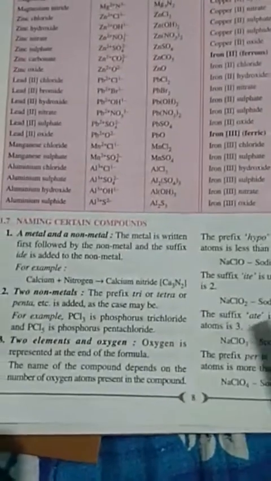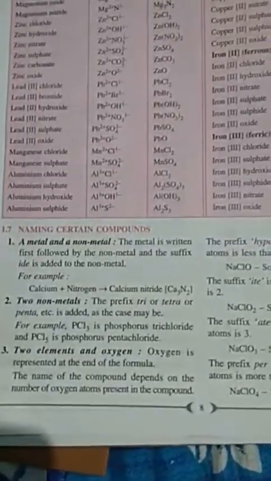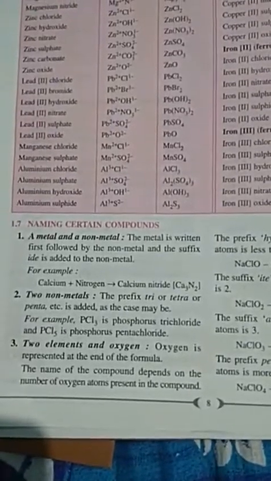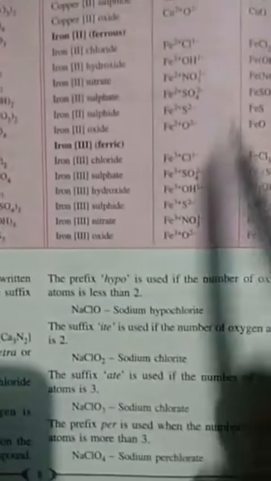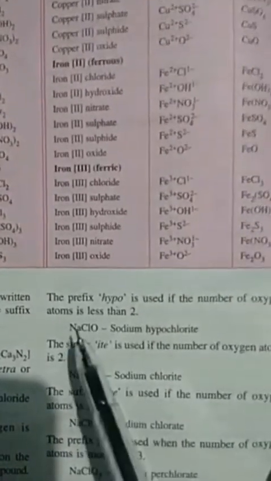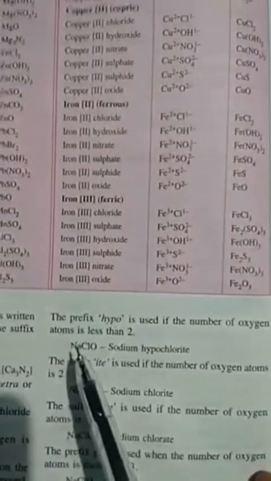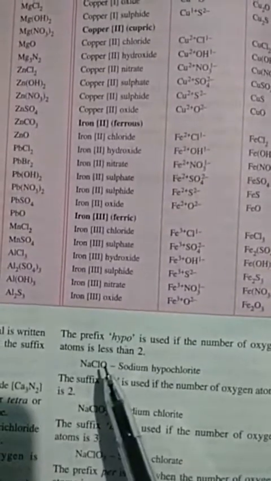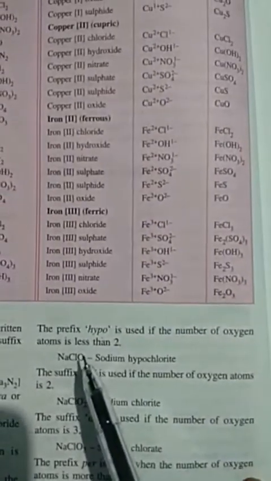Sometimes we may get some complex compound in which oxygen is present. For example, this one is NaClO. What will we say normally? Sodium chloride oxide. No, it is wrong. Here the number of oxygen atoms is 1.